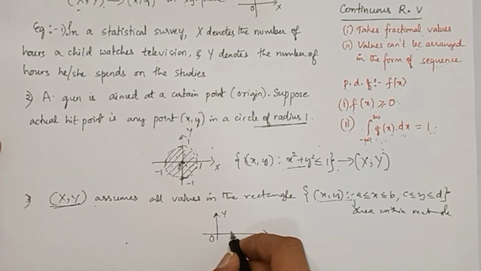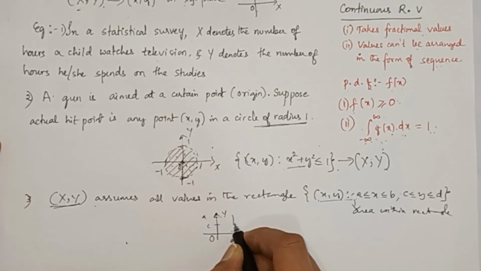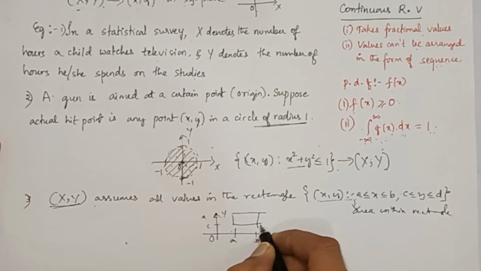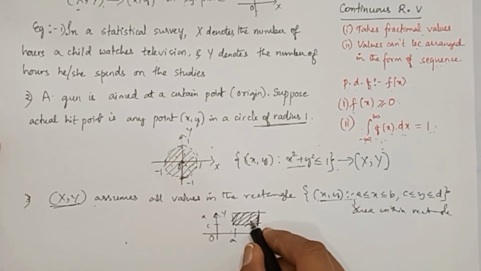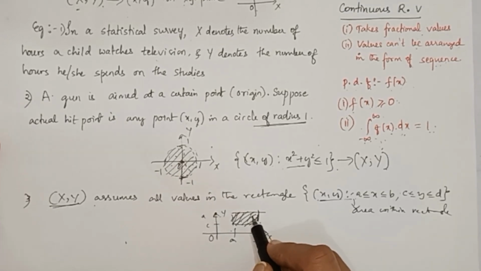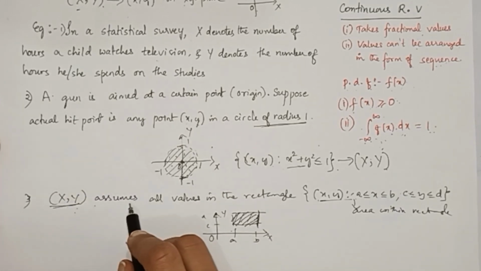Suppose here you have A and B, here you have C and D, then you form a rectangle like this. Then (x, y) represents a point within this rectangle. It takes whole values as well as fractional values. Therefore, it forms a bivariate continuous random variable.